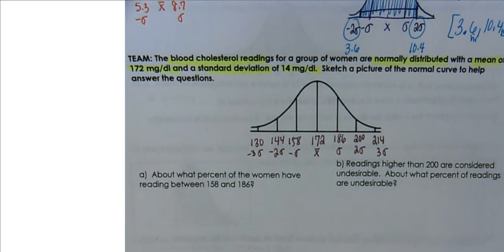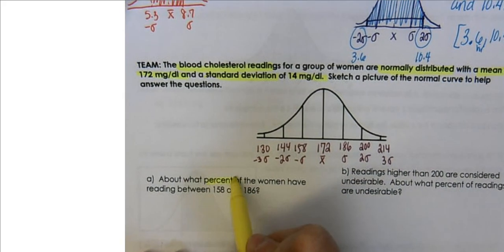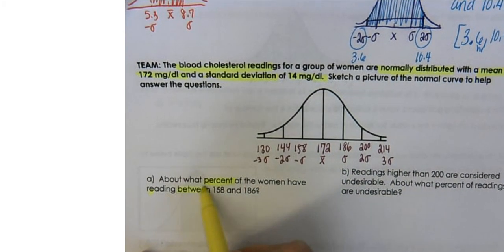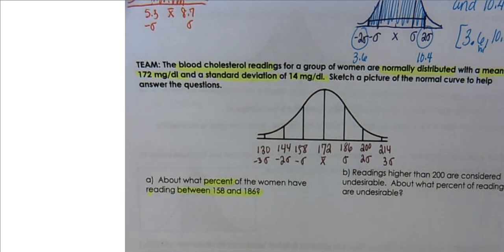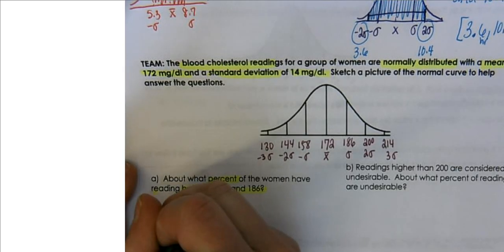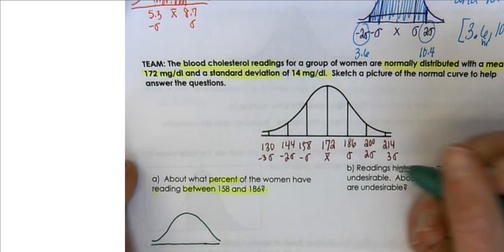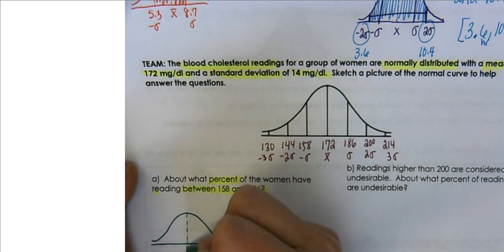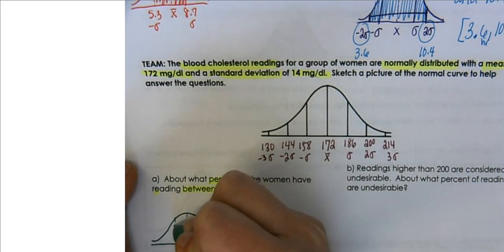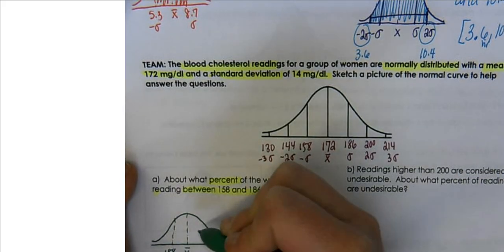Okay, so that helps us because now we want to figure out what percent of women have readings that are between 158 and 186. So I'm going to draw a quick sketch of what that looks like. Here's where X bar is, and 158 is right here, and that is one standard deviation below the mean.